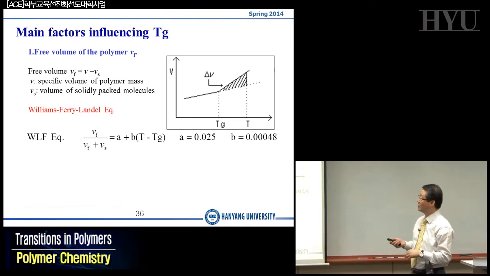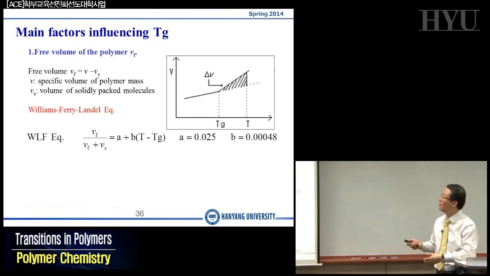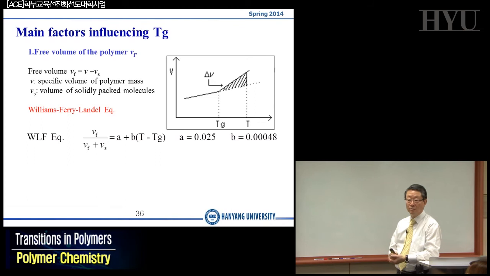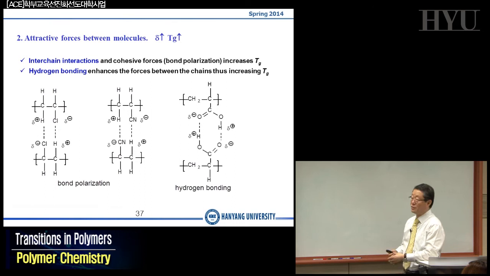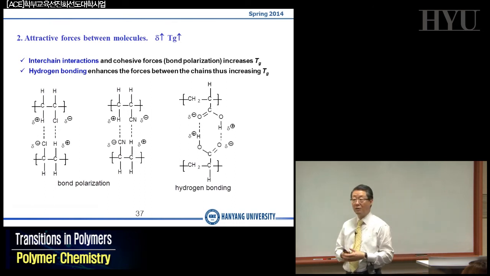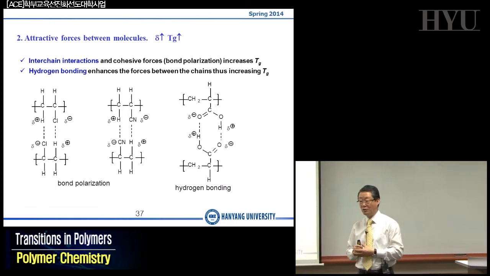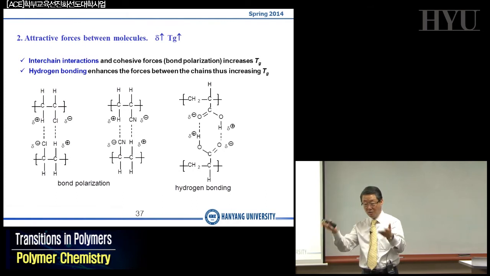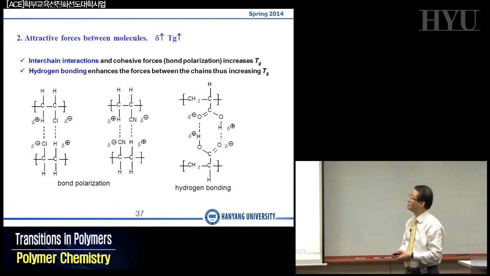So polymer rigidity improves gas permeation, and you can also study this type of phenomenon. So free volume can be influenced by, or affect, the glass transition temperature of the material.